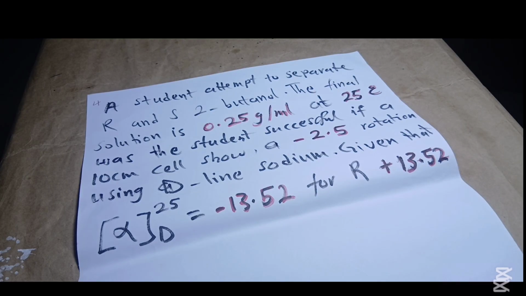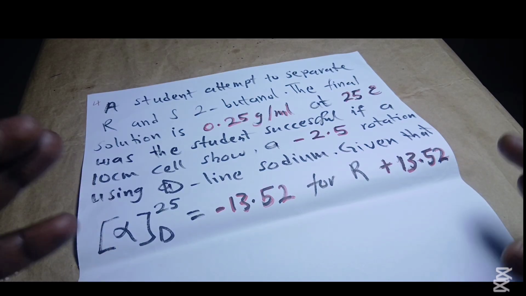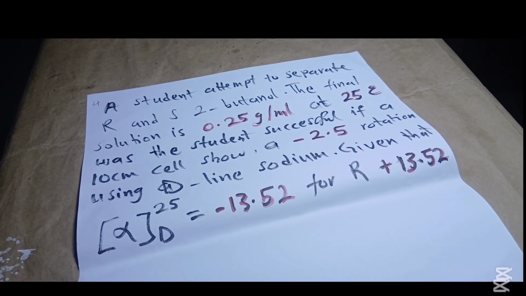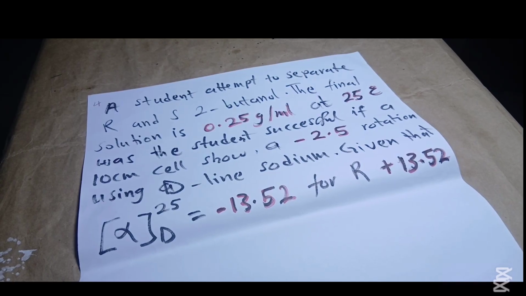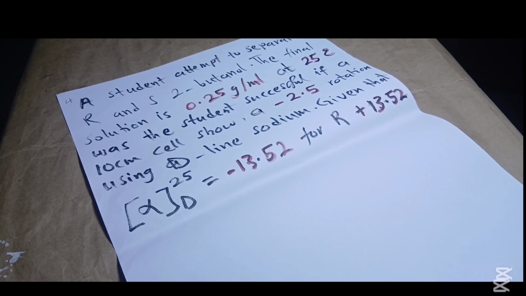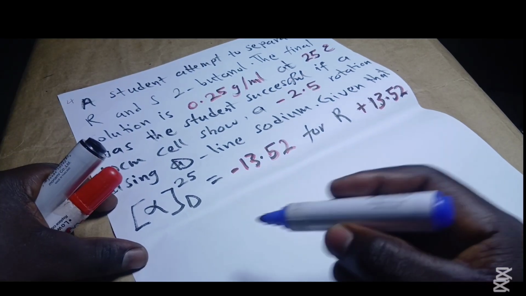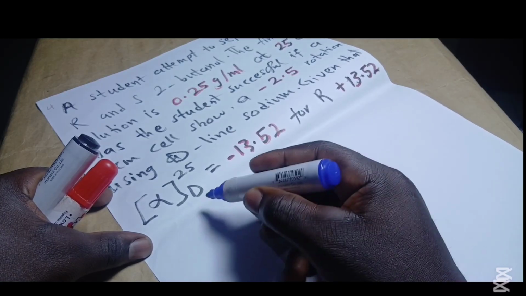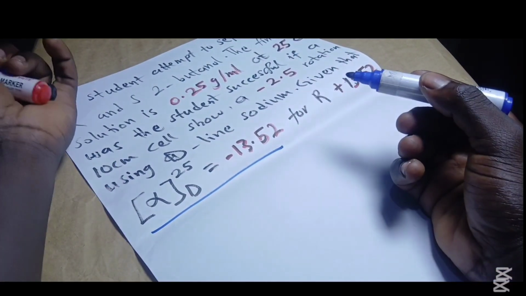So it means that the student has a solution which contains both R and S enantiomers, and the student was interested in separating the enantiomers. Specific rotation tells us the ability of a solution to rotate plane polarized light, and almost any given chiral solution has a specific rotation. In this case, we have been given a specific rotation for the solution.